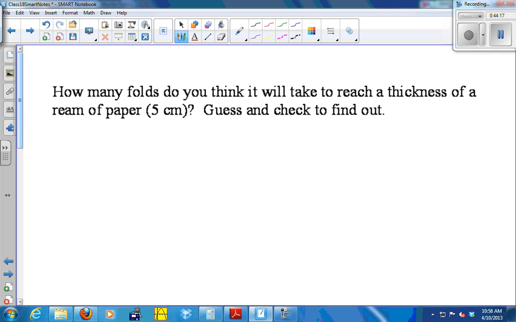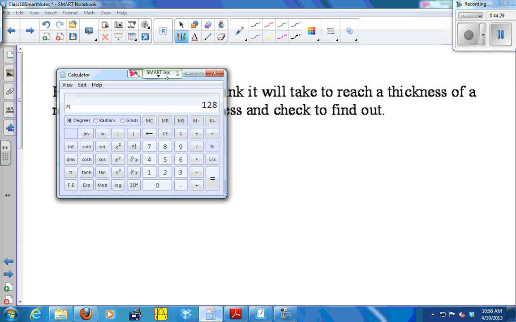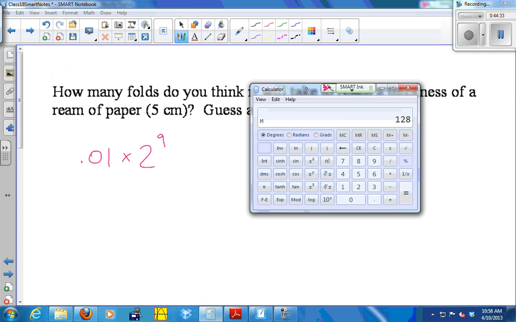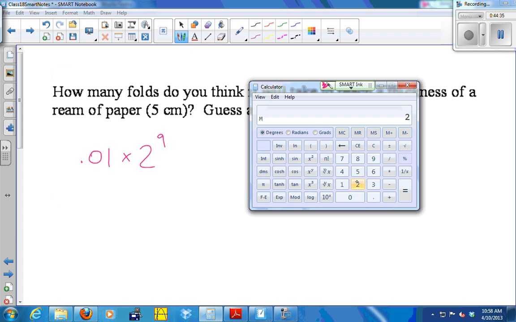All right. How many folds do you think it will take to reach the thickness of a ream, the 5 centimeters? 9. So if I do 0.01 times 2 to the 9th, if I double it 9 times, 2 to the 9th times 0.01, 5.12.